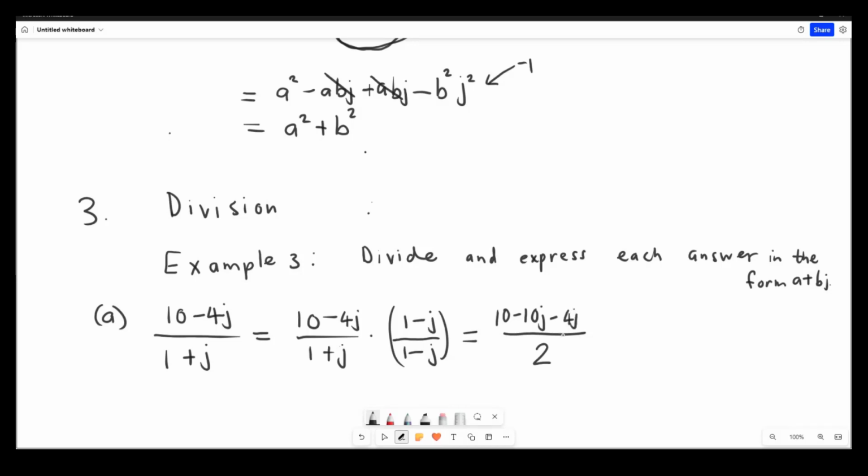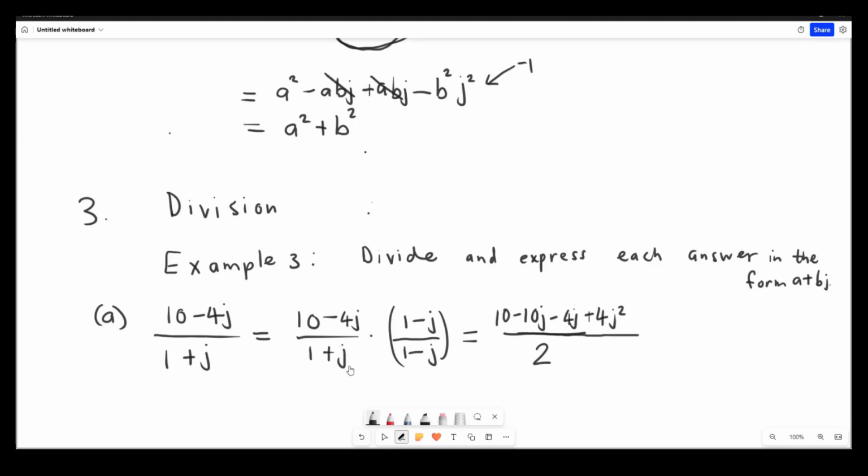And then minus 4j times minus j, well, minus 4 times minus 1 is plus, and then we have j squared. So let's expand those.